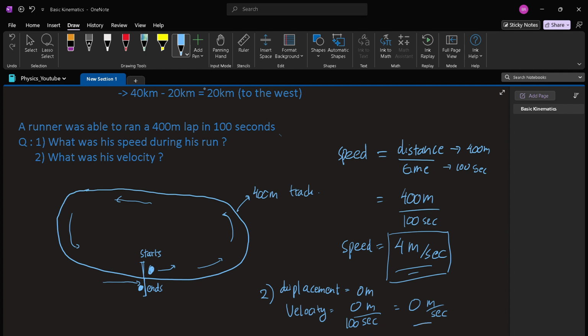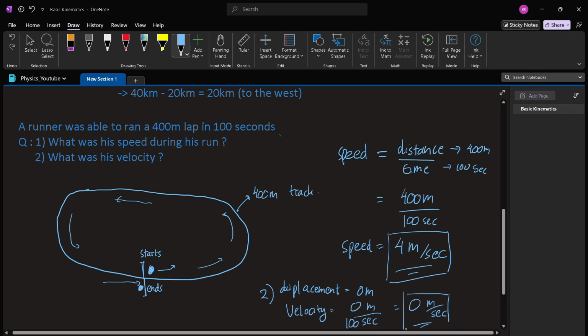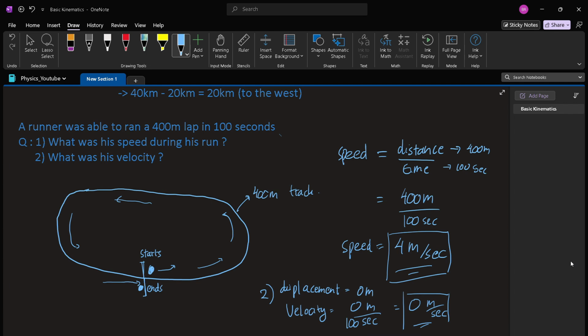We can consider him not having any velocity, because in reality he got back to the initial point where he started moving. The displacement is 0, but the whole trip he took is 400 meters, because the track is a 400-meter track.